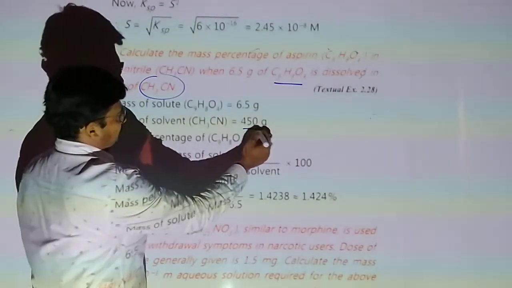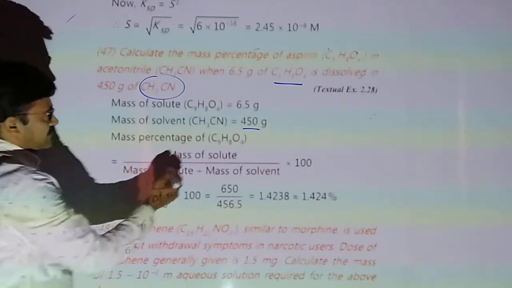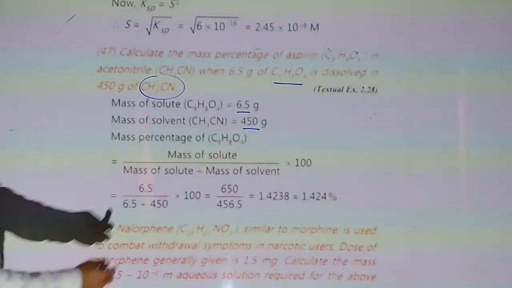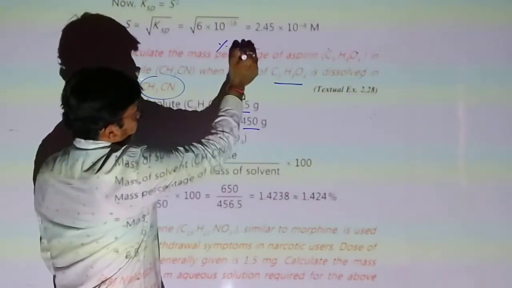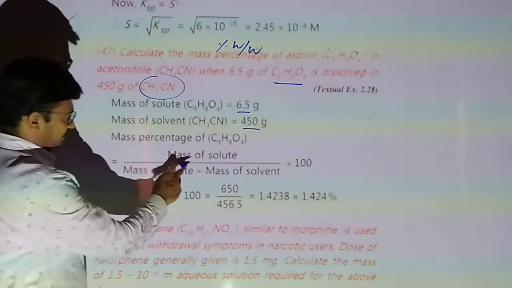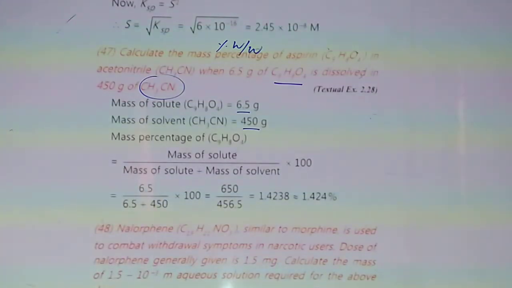Mass of solvent 450, mass of solute 6.5. We have to get mass percent, means percentage weight by weight. So mass percent will be mass of solute upon mass of solute plus mass of solvent.